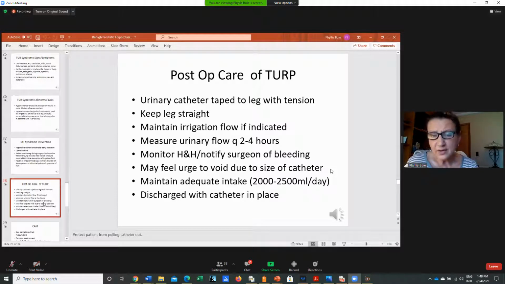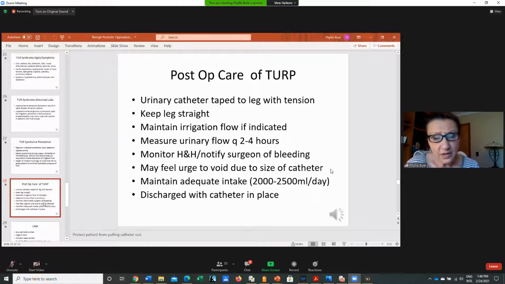We want to maintain an adequate intake, and that's usually around 2,000 to 2,500 per day. However, just remember that that all depends on your patient, because if they have other comorbidities, then this may be too much fluid for them. So we may have to adjust that.